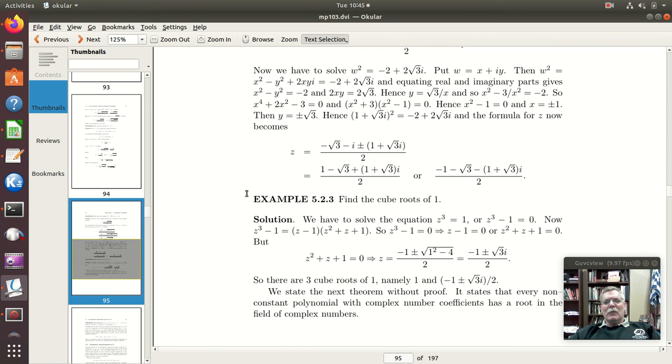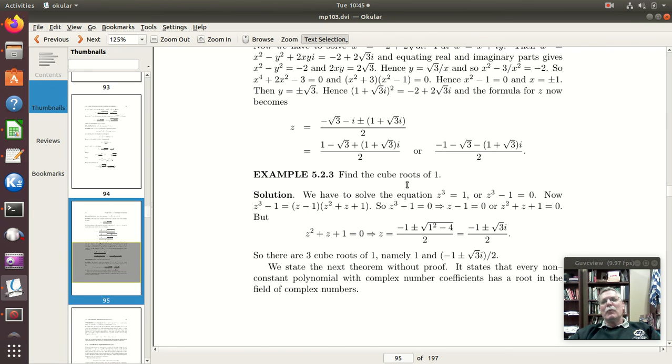Okay, so then find the cube roots of 1. And here what they do is z cubed equals 1, and then they subtract the 1 and turn it into a linear term, which, yeah, we can solve that very easily. Z is 1. And then this quadratic term that they solve for the quadratic thing.